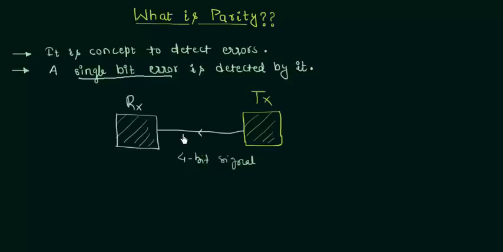This parity is actually an extra bit. Let me write it down. It is an extra bit that we send with the bit stream.